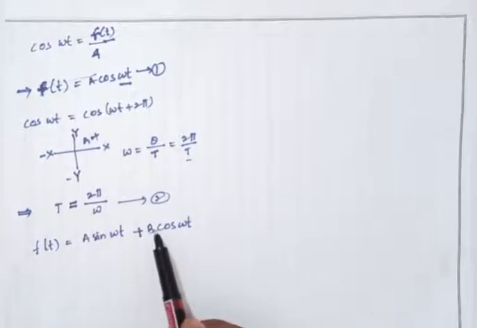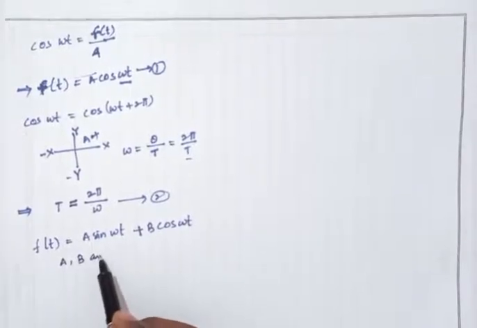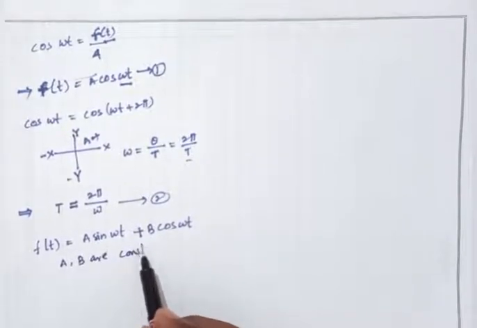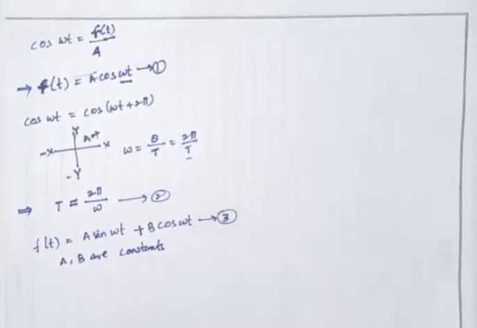There is no difference. A and b both are constants. This is equation number 3.